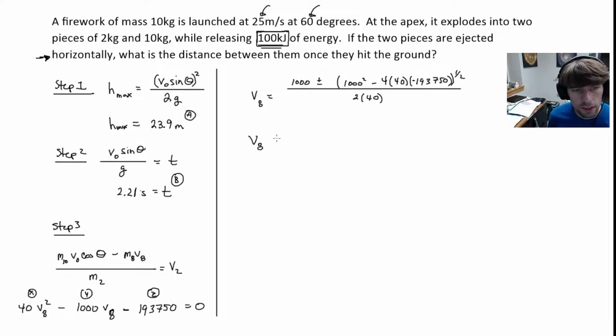If I take the plus sign, I get something like 83.2 meters per second. And if I take the minus sign, I get negative 58.2 meters per second.